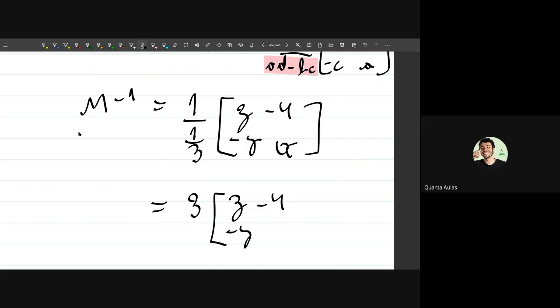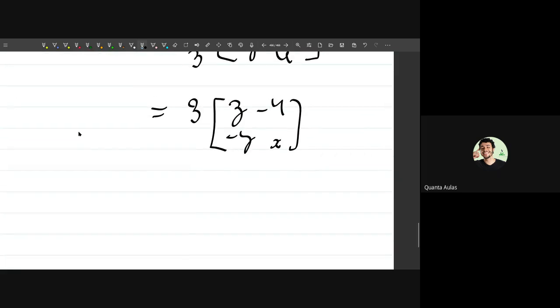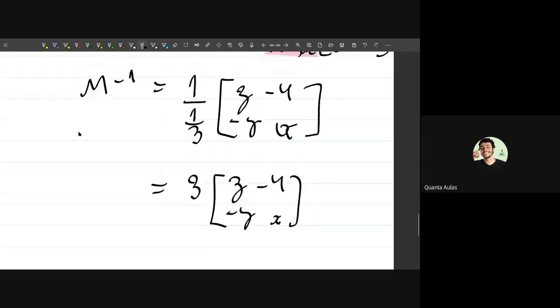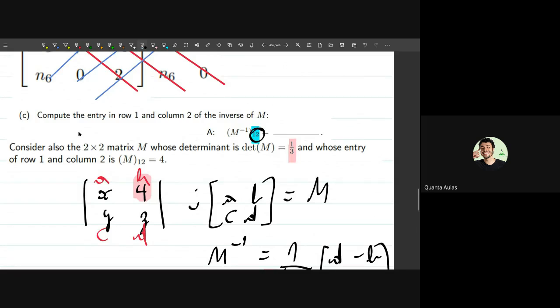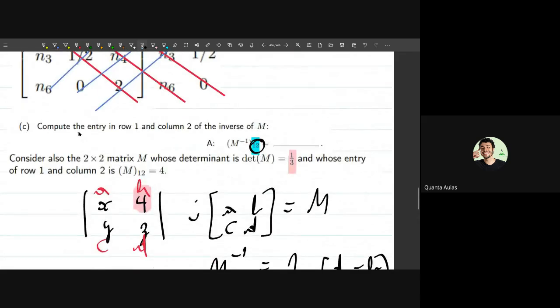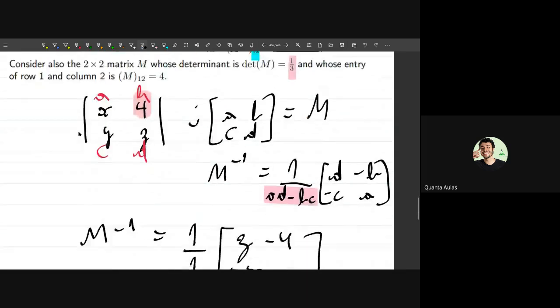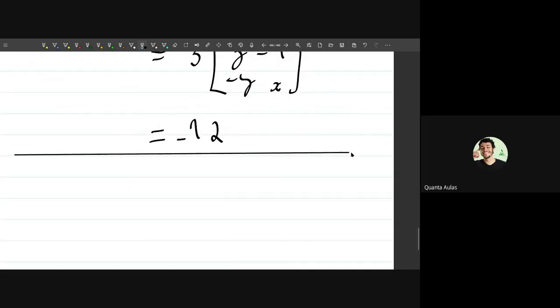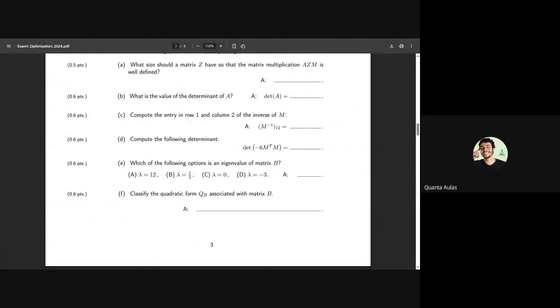So we will just need to do the multiplication in this term, because this term is the important one for us, because they said this for us: row 1 and column 2. So minus 12. I think this is easy, but you need to train more. Okay, let's go to the next one. For me, I don't have problems, but I have concerns about your test.